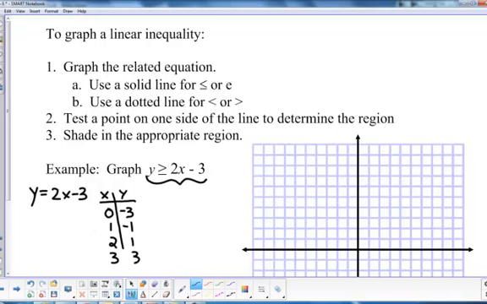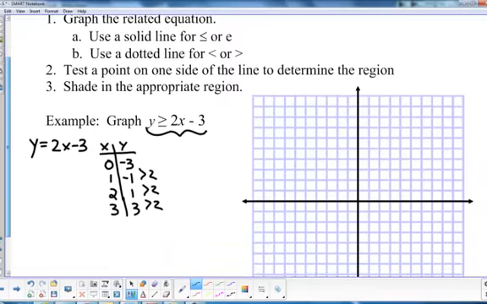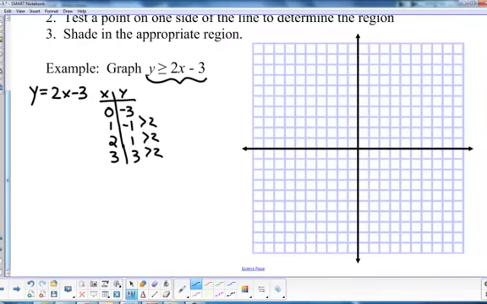And you could plug that in and test, or you can just know that the slope is 2, so you're increasing by 2. So we're going to plot these points. 0 gives negative 3, 1 gives negative 1, 2 gives 1, and 3 gives 3. And then I do have a solid line because of that equals to.